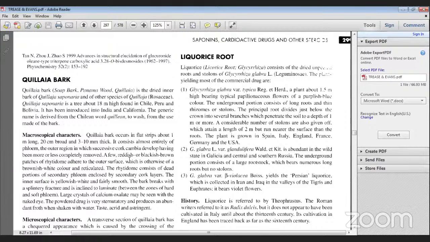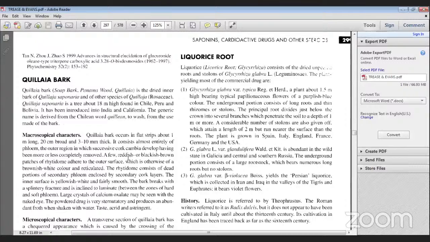It is a very common and traditionally used anti-diabetic in nature. Liquorice root is traditionally used as an anti-diabetic and also as an expectorant.